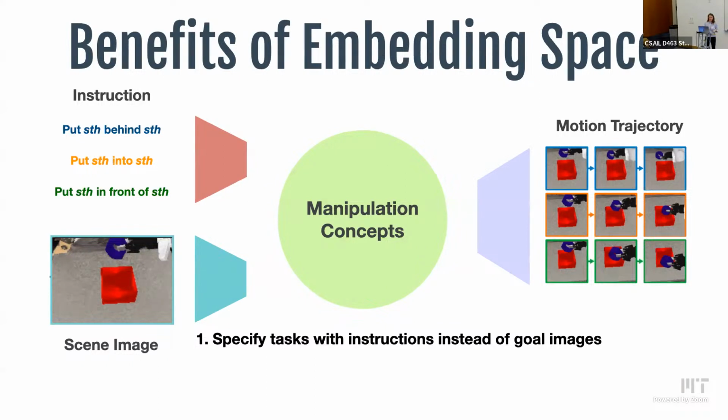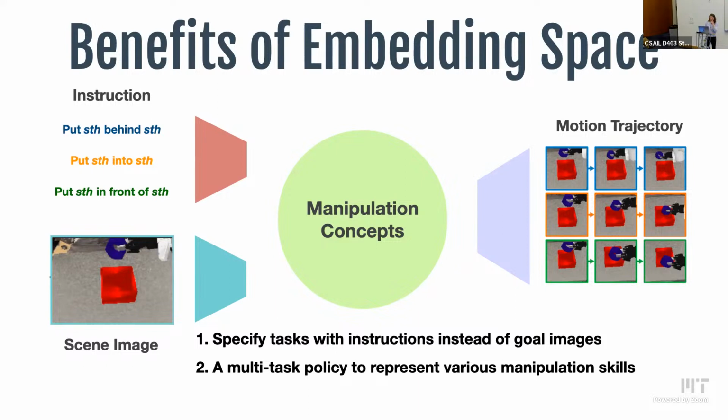And of course, describing the task in language is much simpler than providing a goal image. Second, we can obtain a multitask policy to represent diverse manipulation skills, such as open something or close something. And by using natural language and training on a diverse set of manipulation tasks, we can hopefully generalize to novel but similar instructions as well.